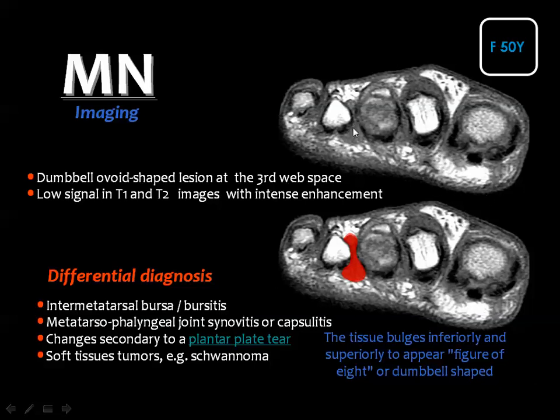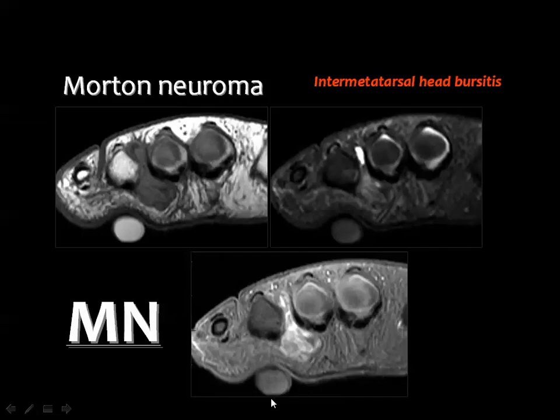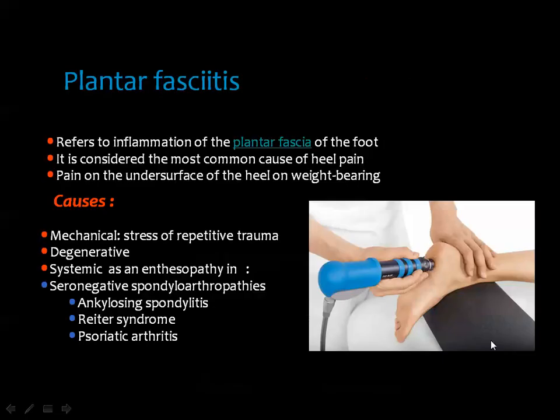You get a dumbbell shaped lesion insinuated between the metatarsal heads, commonly in the third space, and this lesion, being a fibrous tissue, will appear black or of low signal in the T1, with relatively minimal increased signal in the T2 weighted image, but if you inject contrast, it will show significant enhancement.